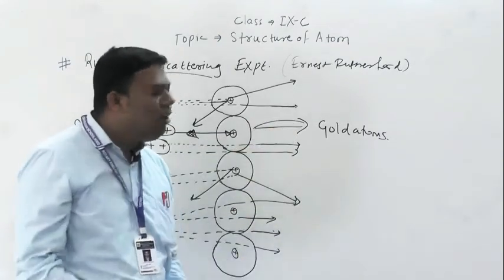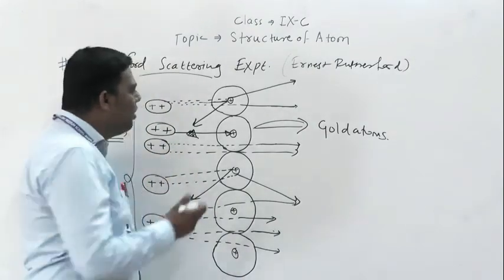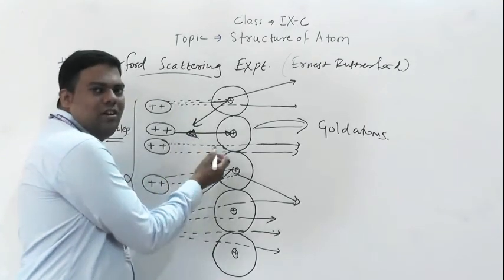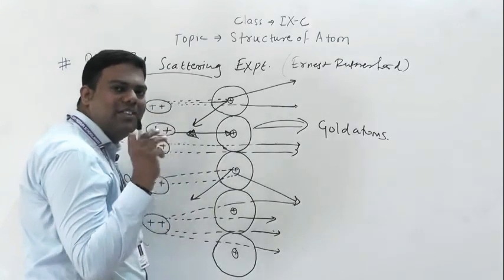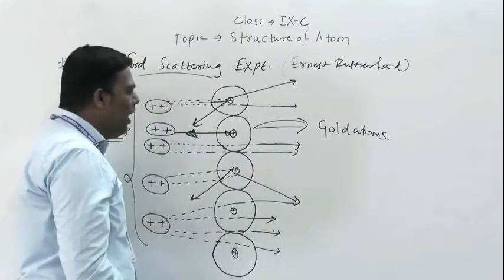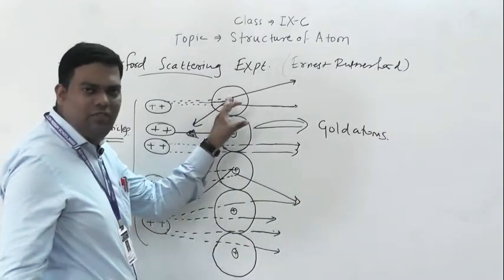On this basis, completely rebound means there is a hard mass in the center. That hard mass we call the nucleus.